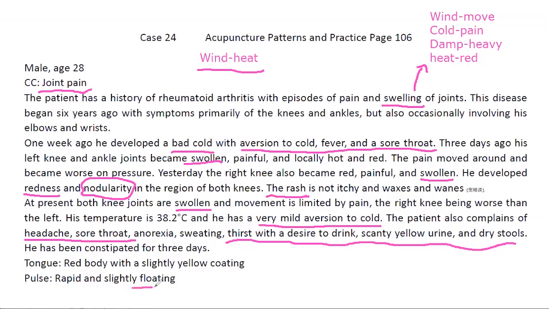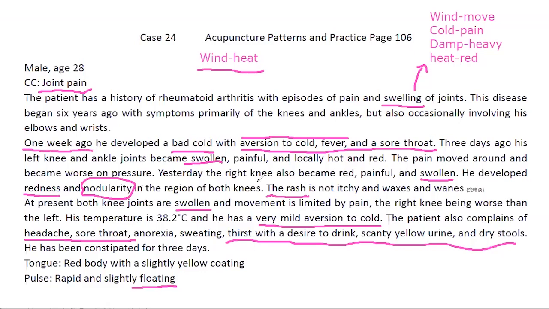The pulse is still slightly floating, and the patient has aversion to cold and a fever, so the external symptoms are still not totally relieved. After we relieve the external, the internal heat will go away. But truly, the heat has gone a little deeper and caused some internal heat already, because it has been one week.